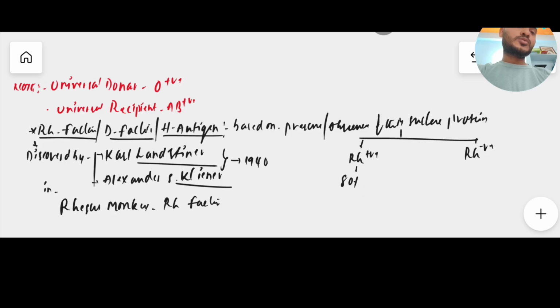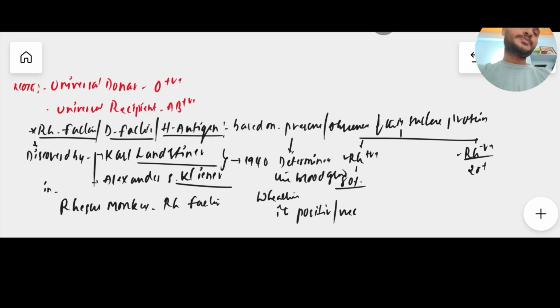80% of the human population has RH positive factor. Just 20% of the human population has RH negative factor. So this RH factor determines the blood group, whether it is positive or negative.